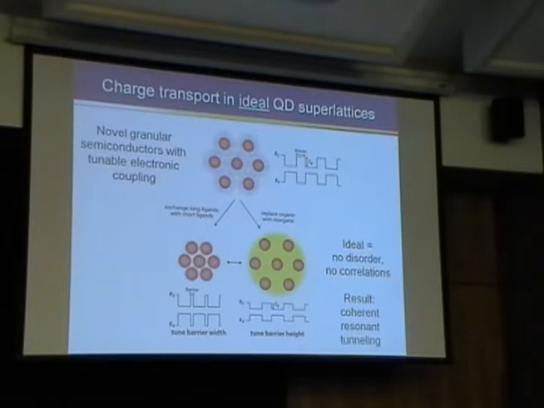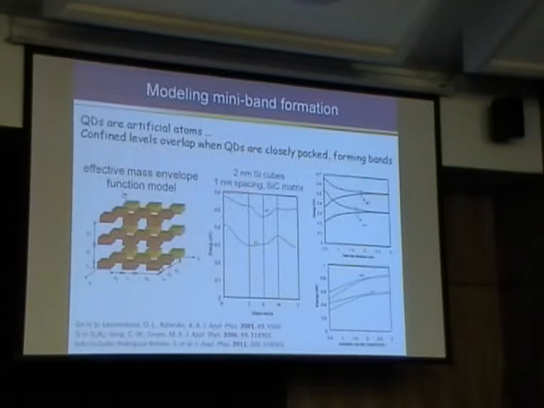When we have that sort of situation, then what we're going to get in terms of charge transport properties is coherent resonant tunneling. Coherent meaning we have very long extended states, kind of block-like transport within the material. Resonant because all of the energy levels of all the quantum dots are exactly the same.